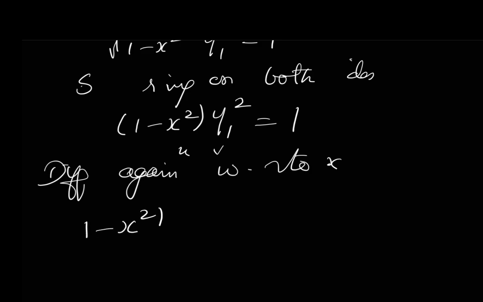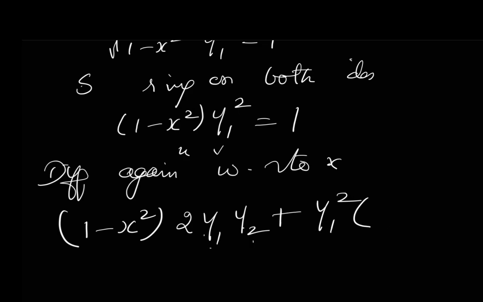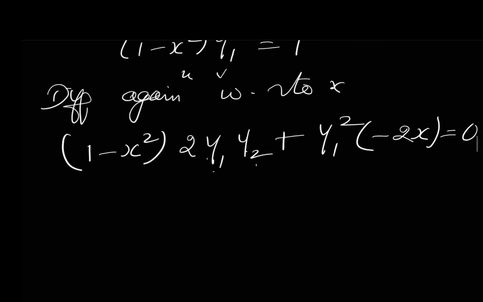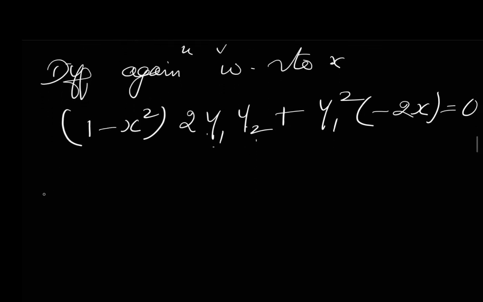Keep 1 minus x squared constant, y1 squared gives 2y1, derivative of y1 is y2. So you are getting 1 minus x squared into 2y1 y2, plus y1 squared, differentiate this 1 minus x squared, 1 is 0, so minus 2x, is equal to 0. Here 2 is common in both the terms and also y1 is common, divide by 2y1.